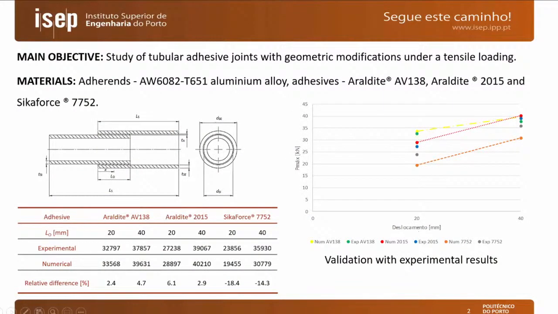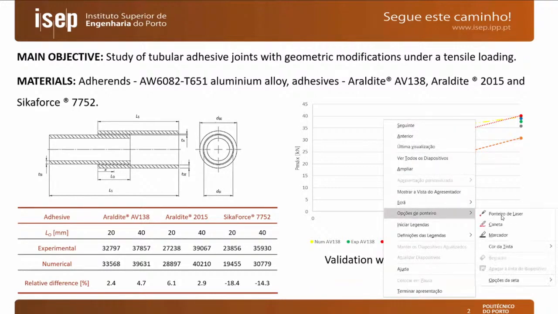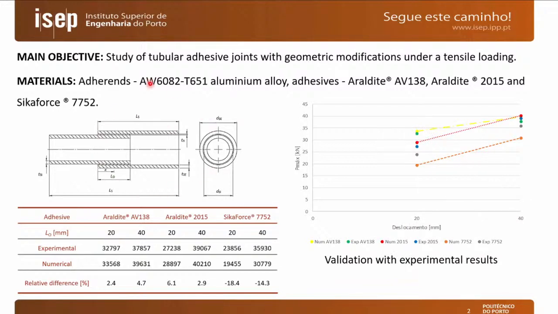The main objective of this work is to study different geometric modifications in tubular adhesive joints loaded under tension. And we can see in this first figure, to the left, the geometry of the tubular adhesive joints. We have different geometrical parameters which were kept constant, but the main parameter that was varied during this work was the overlap length, or LO.